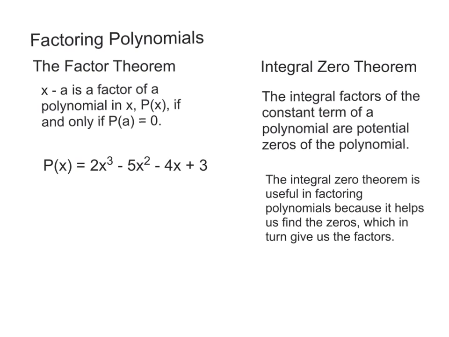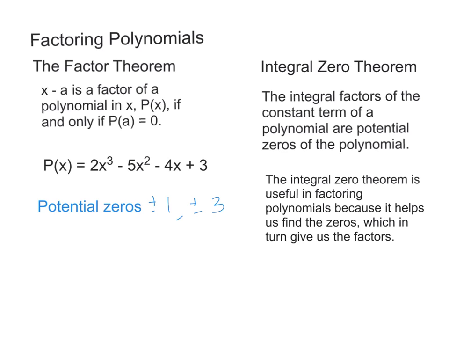So those are our potential zeros, because those are factors of the constant term. So we're going to test and find out which one actually is a 0.